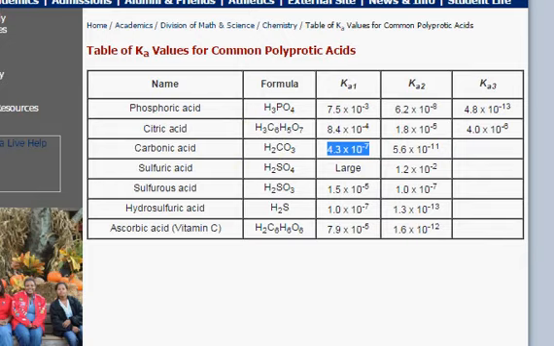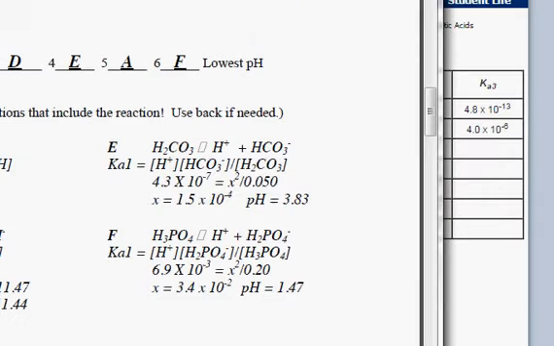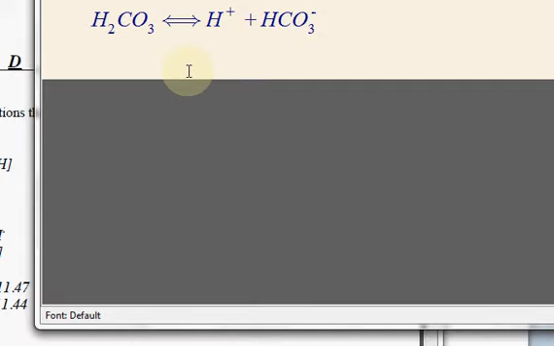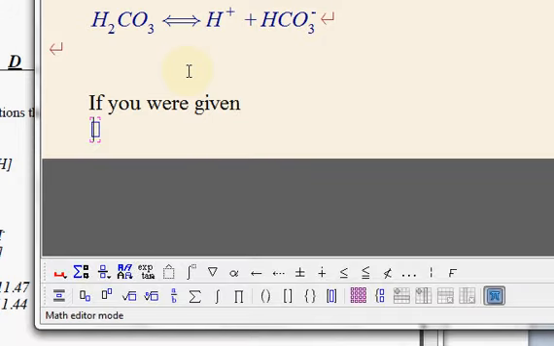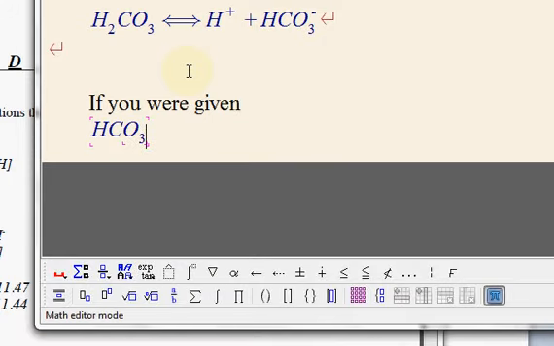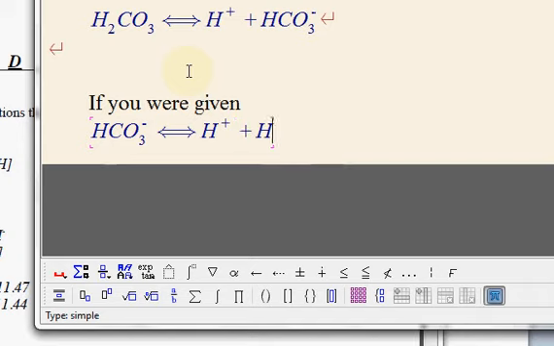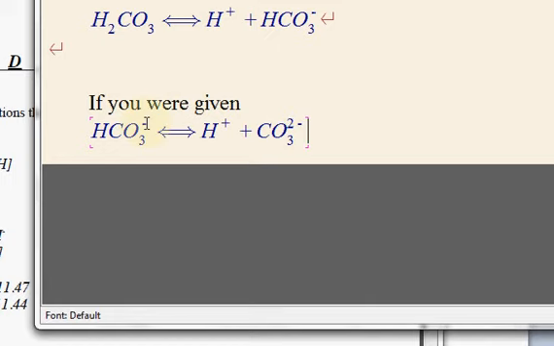So it is important to know that if you were given HCO3 minus back and forth to that, oh no, H. If you had this, then you would use Ka2 because it's the second hydrogen that is lost.